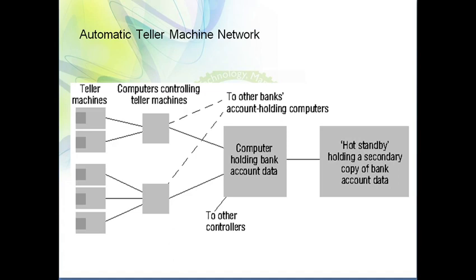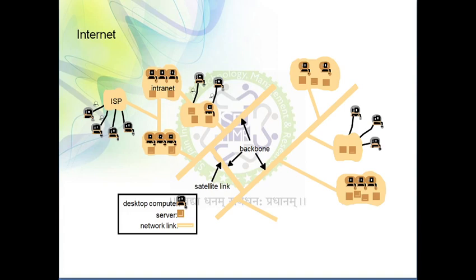A hot standby holds a secondary copy of bank account data to protect it in case of emergency. So these are all the kind of distributed system that we are working with, in which the system functions in various places and gives the data to the required place. If you talk about the internet, it is also a distributed system.